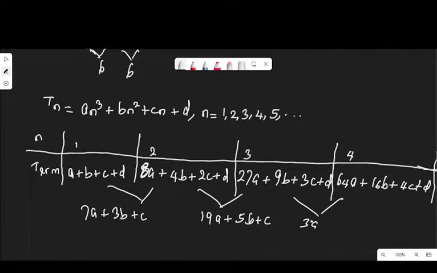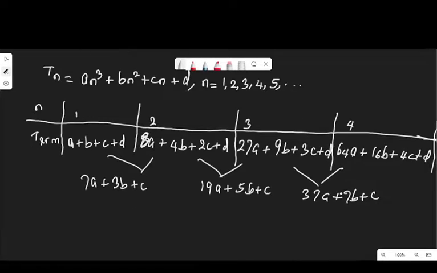37a plus 16b minus 9b, 7b, and then 4c minus 3c is 1c. Okay, that is the first order difference.